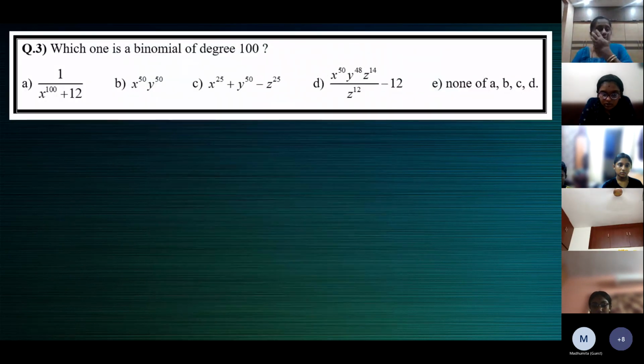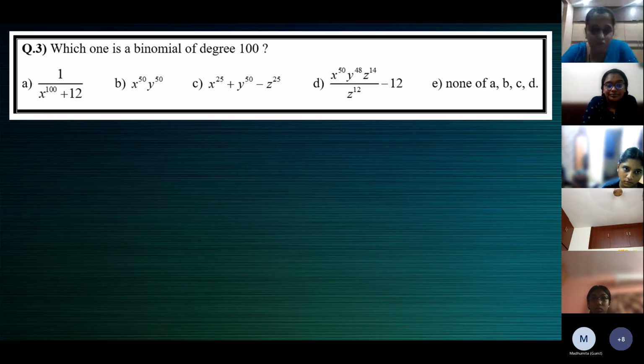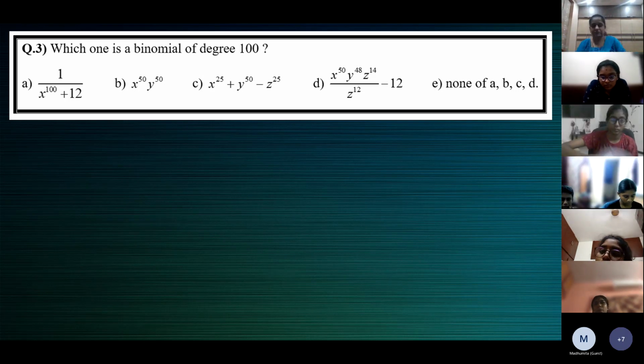Which one is a binomial of degree 100? Is option A an algebraic expression? Okay, first write down the question, children.